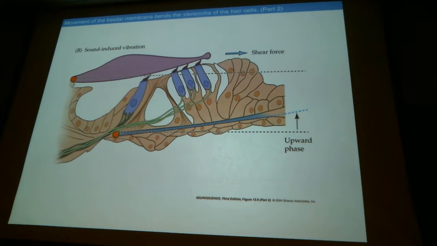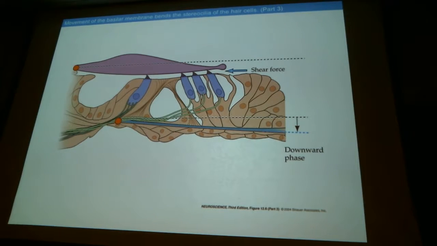Think of it as something sandwiched in between, and when it has to move, there's a bit of a shear there. When it goes in the other direction, the shear force is in the other direction. So when you have this vibration go by, you're tipping those stereocilia in one direction or the other.